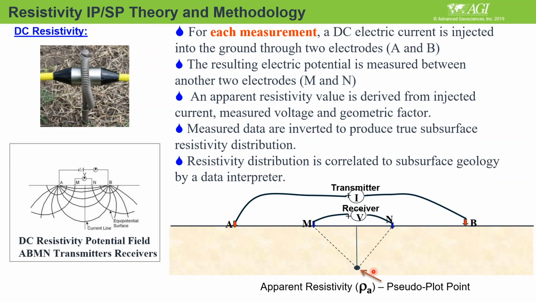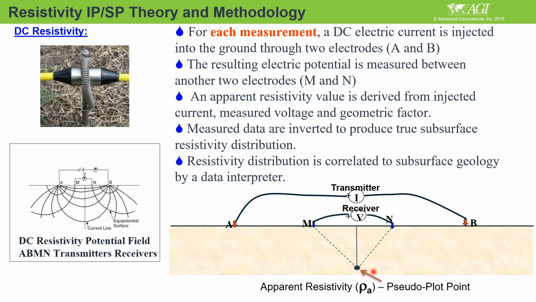Okay, this is the basic theory of all electrical imaging, DC electrical imaging. What you need: two current locations, two potential locations. That's all you need, whether you do this manually or automatically.